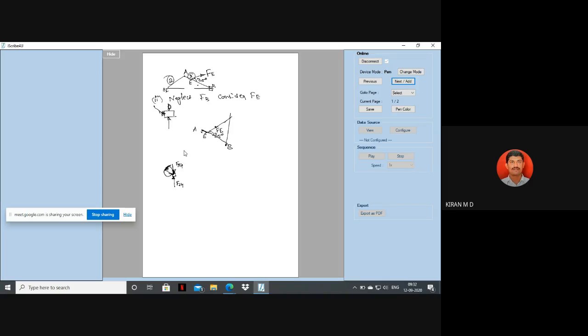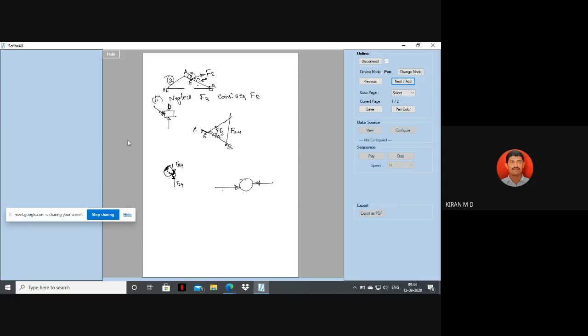Sir, how can you get to know F34 is the reaction of F14? Because this is undergoing only two forces, we know the condition to achieve the equilibrium for any body. If you consider any body, if one force is there, there should be an opposite reaction force.